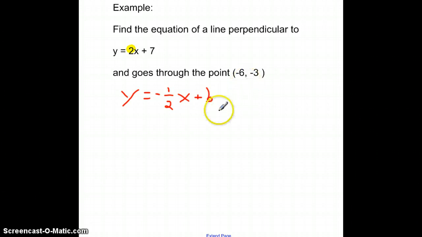So now what we want to do is we've got to find our B value. So we take this point and we'll just plug it in. I'll change up colors here for you. So our Y is negative 3. And you guys should be pros at this by now. Negative 1/2 times negative 6.